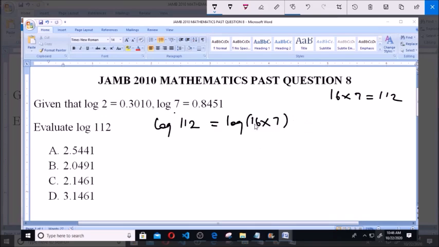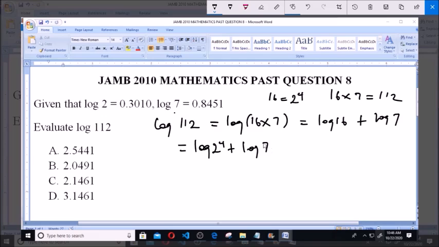Now from logarithm you can write this as log 16 plus log 7. So this is equal to, now 16 is equal to 2 raised to the power of 4. I can now say log 2 raised to the power of 4 plus log 7. And this is equals to 4 log 2 plus log 7.